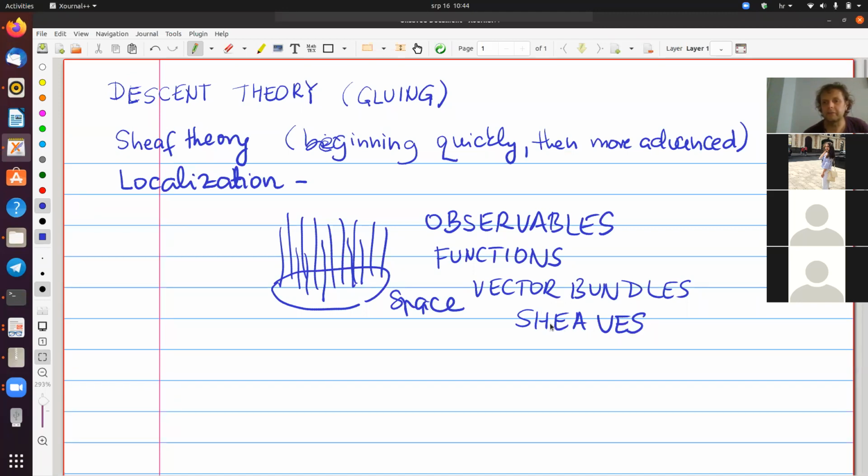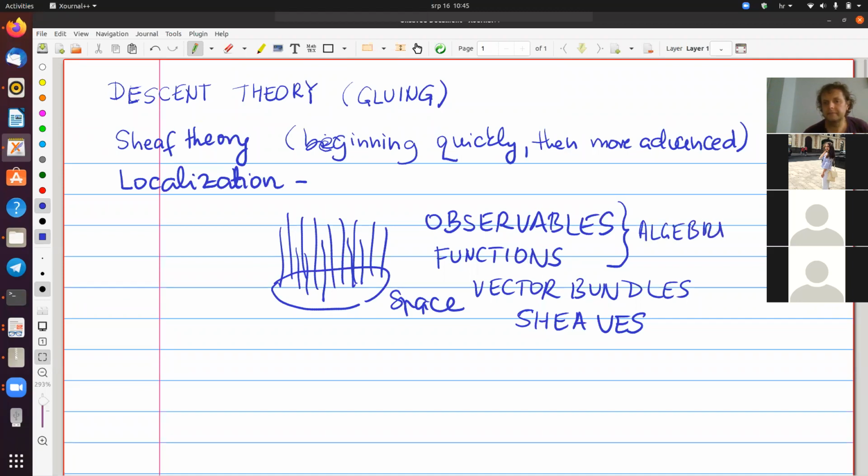You have some analogs, so-called perverse sheaves, which are not even sheaves, and so on. So you have various things, and these things will usually group into some kind of objects. Observables and functions will usually form some sort of algebras.